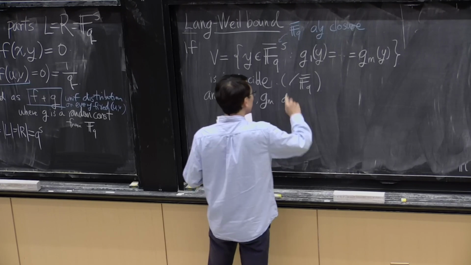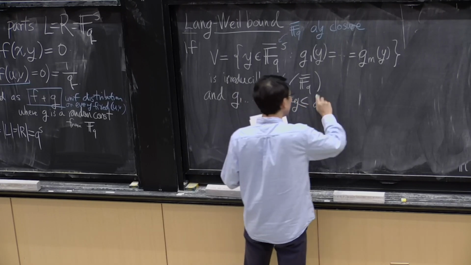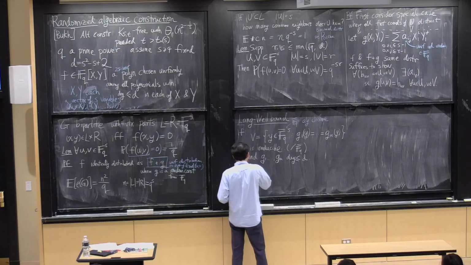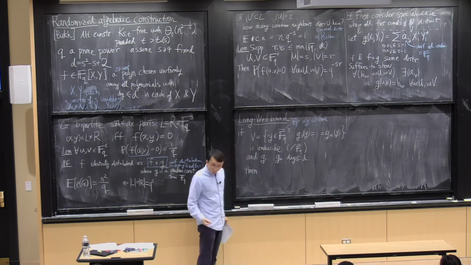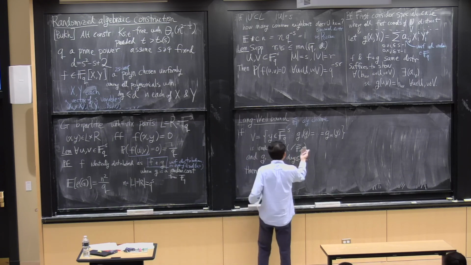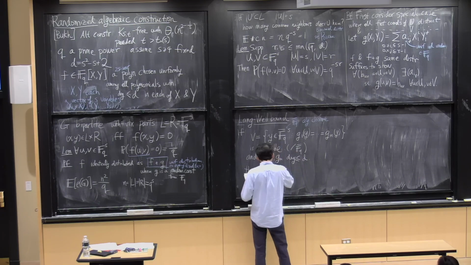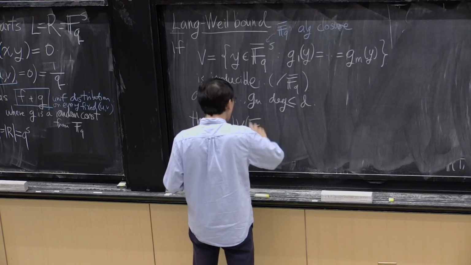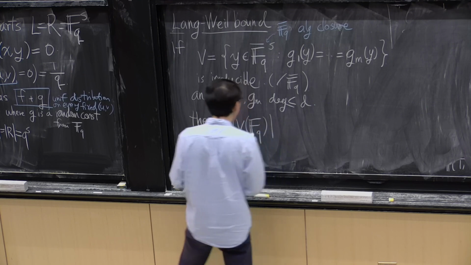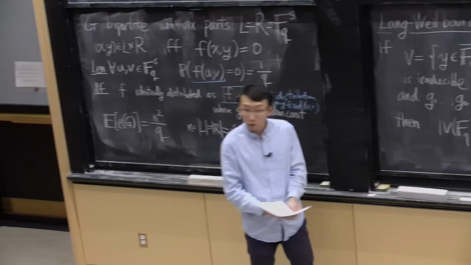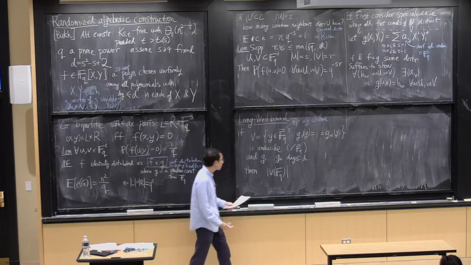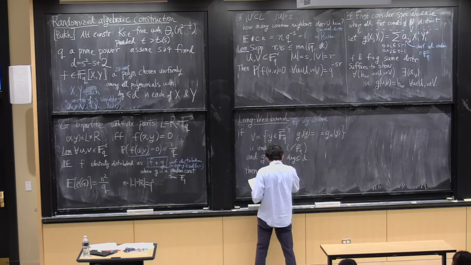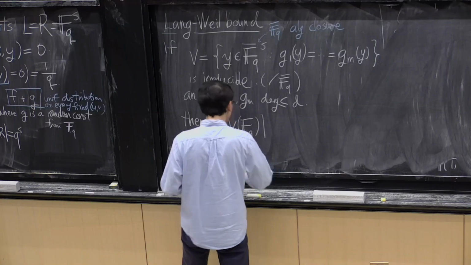And all of these polynomials have bounded degree. Then the question is, if I take these polynomials and I look at how many F_q points it has, right? So in other words, if now I leave the field, I come back down to earth to the base field and ask what's the number of solutions where the coordinates are in F_q.